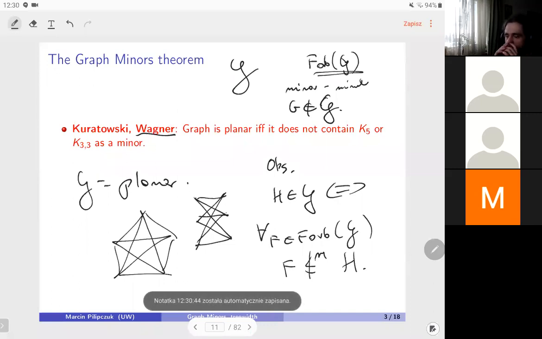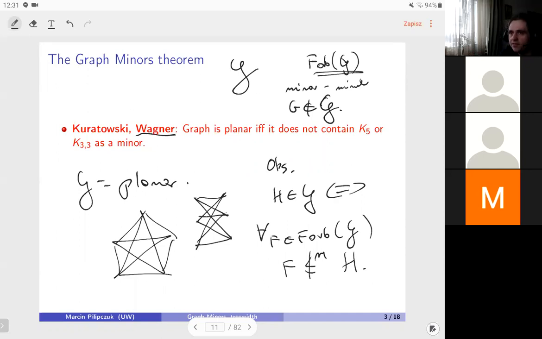On a high level, if you ask how nice the forbidden set is, you can ask whether it is finite or not. There's no reason to believe that for some graph classes, like graphs embedded on a torus with 5 handles, you can't make an infinite number of minor minimal graphs.